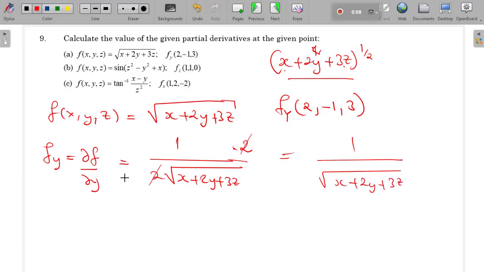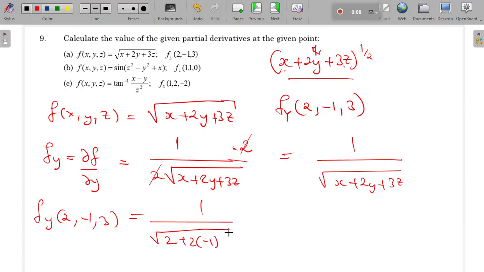Now to find the exact value, I'm evaluating this at 2, -1, and 3. So I'm going to replace these in that function. I have x, that is 2, plus 2 times -1, plus 3 times 3. So this is 1 over the square root of 2, then 2 multiplied by -1 gives me -2, then 3 multiplied by 3 gives me 9.